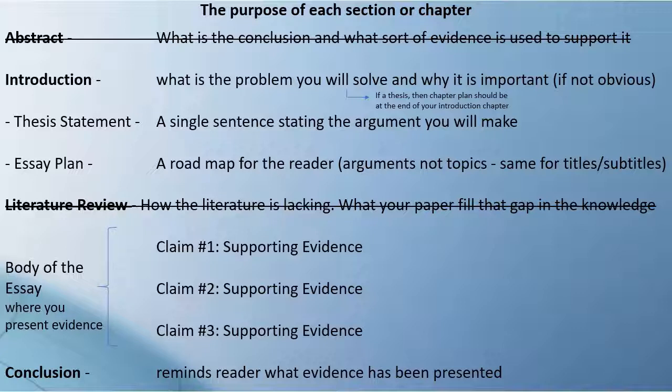Now, if you are undergrad, or even in your coursework for honours and masters, and coursework for your PhD if you've got that, we don't expect you to do an abstract or a literature review, right?